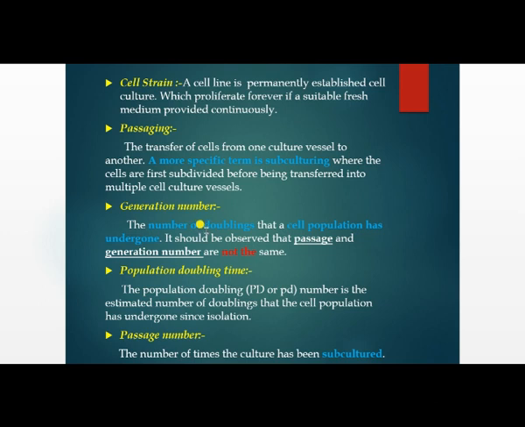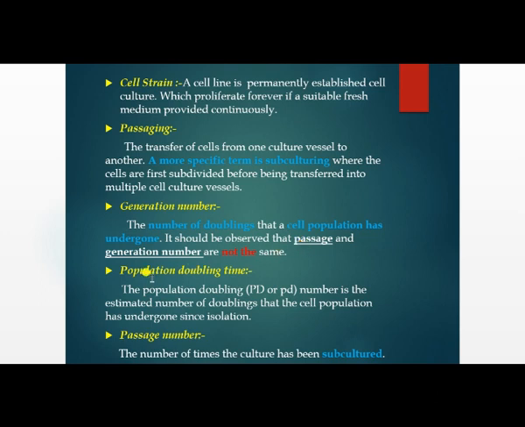After that we change to fresh media and passage them or subculture them in a freshly prepared culture medium. So these two terms are different. Passage number is the number of your passaging or subculturing, but generation number is the number of cell divisions in the culture medium after subculturing and passaging.